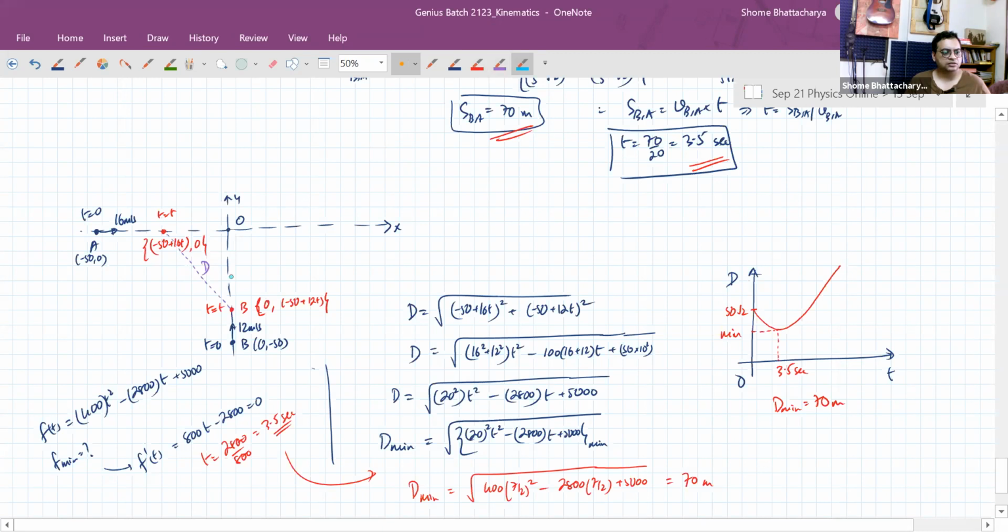When B is somewhere here and A is where, at 16 into 3.5? So 48 plus 8. So 52. So A has gone past it. So A is somewhere here. This is when the distance between them becomes minimum. A has gone past, but B has not yet reached the intersection point.